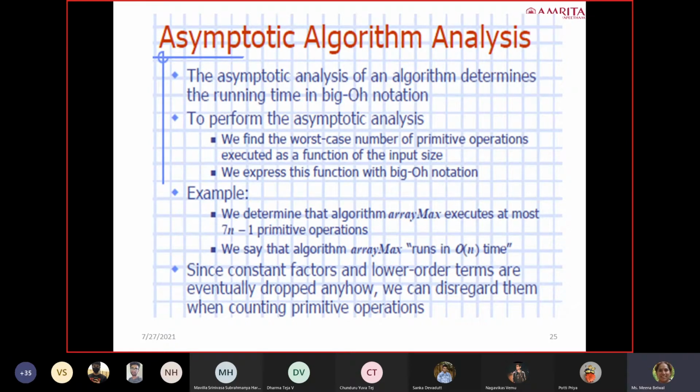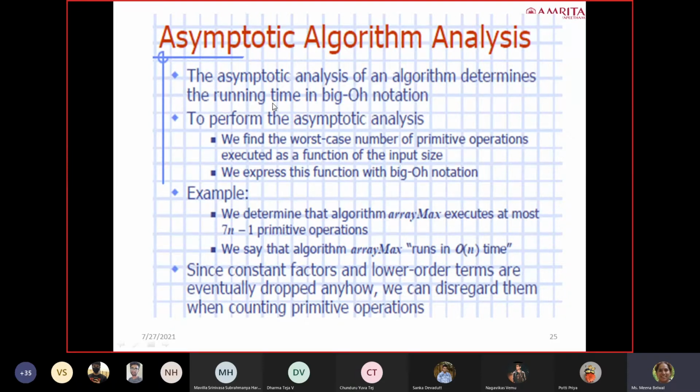So basically what exactly do we mean by asymptotic analysis? Asymptotic analysis of an algorithm determines the running time in big O notation. If somebody asks you the definition, we must know. By doing asymptotic analysis, we are trying to determine the algorithm's runtime in terms of big O notation.